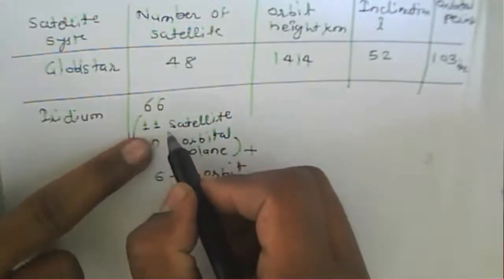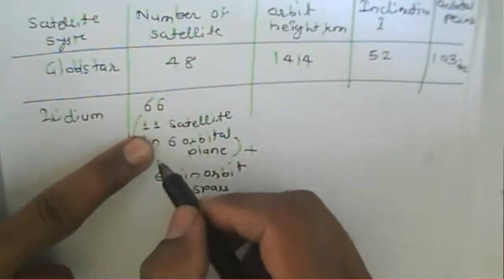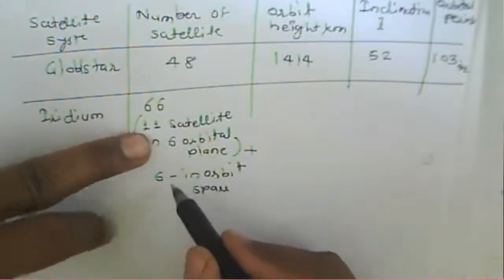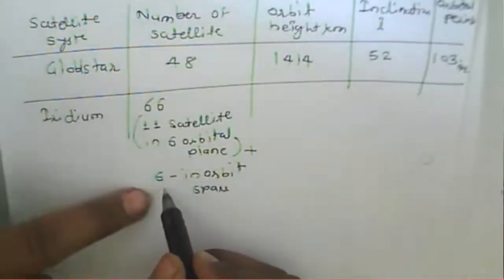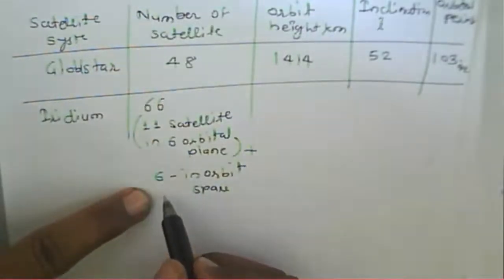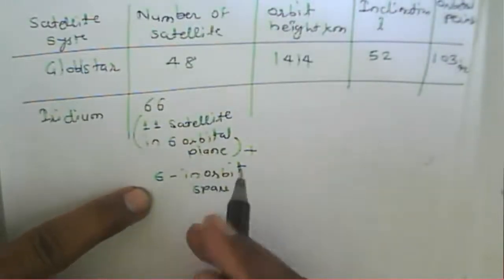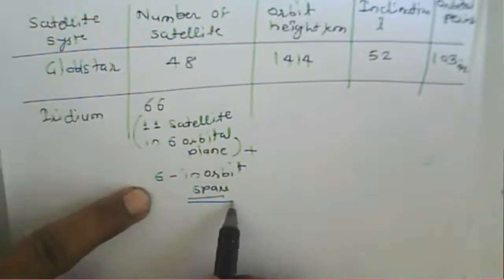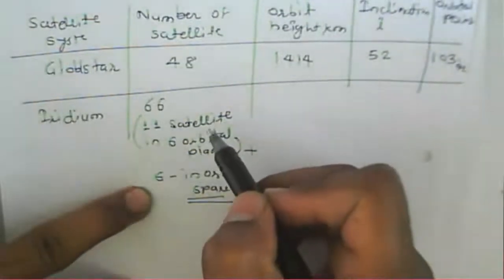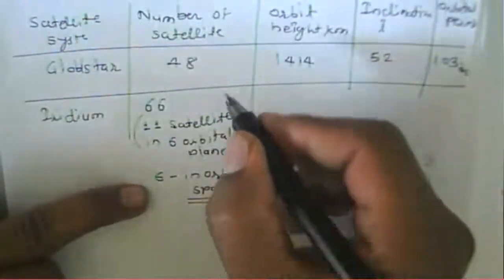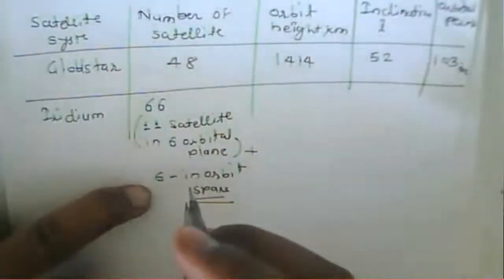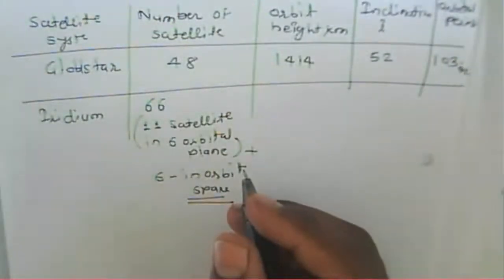Okay, 11 satellites in 6 orbital planes, so 11 satellites in one orbit. So 11 minus 6 is what? We can say that's about 5. 5 satellites are in use and 6 satellites are spare.